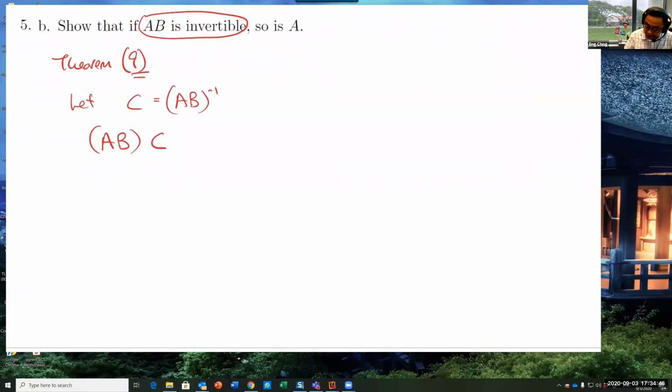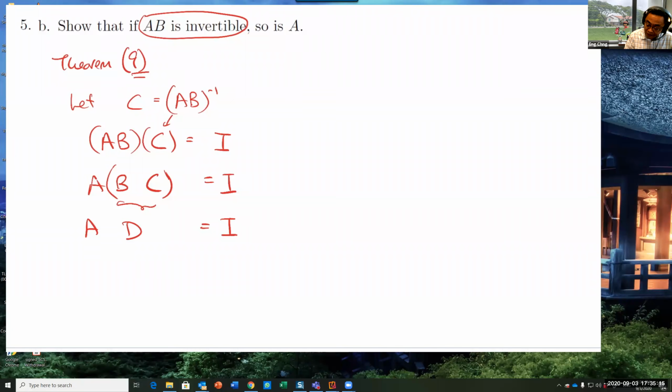Isn't it just bringing this down? And of course, AB multiplied by its inverse is I. So far, okay? And now we open up the brackets. We don't change a thing. It's still I. And now we close the bracket because we want to check A. And now we say that this guy be D. Still I.